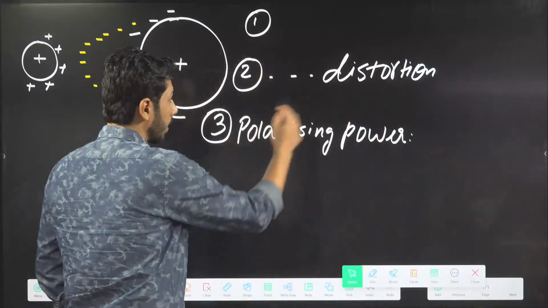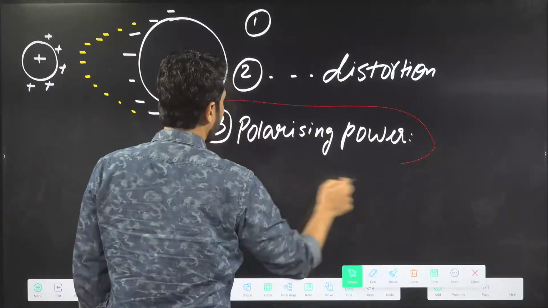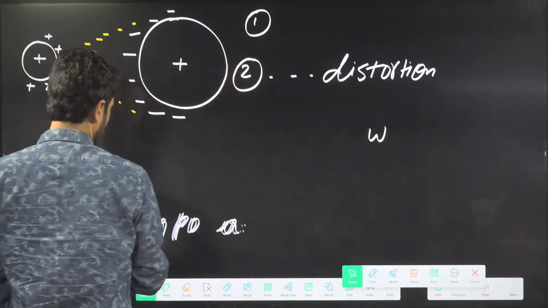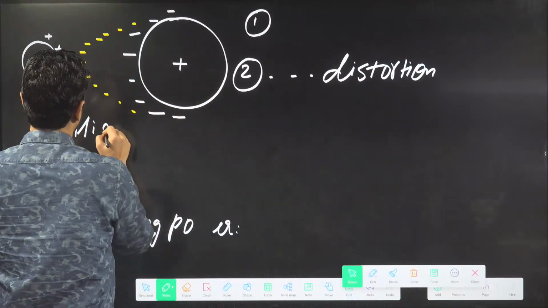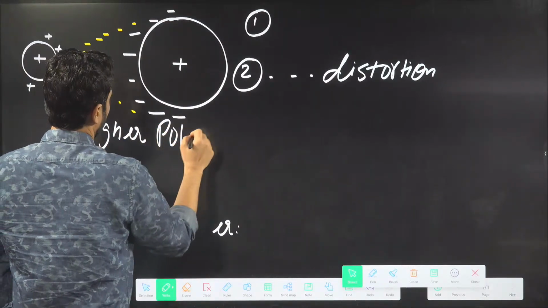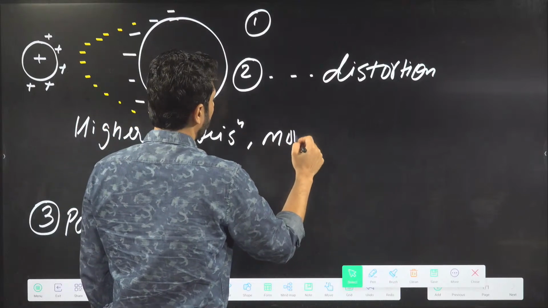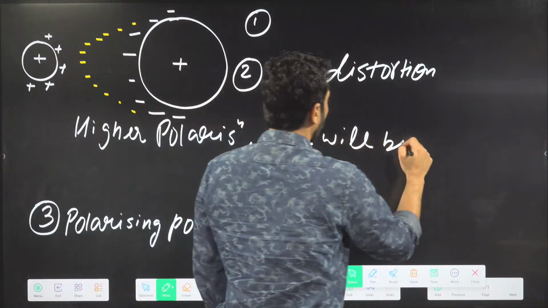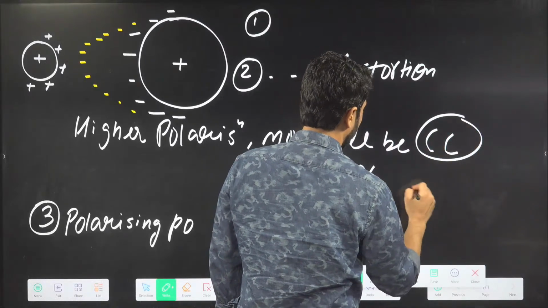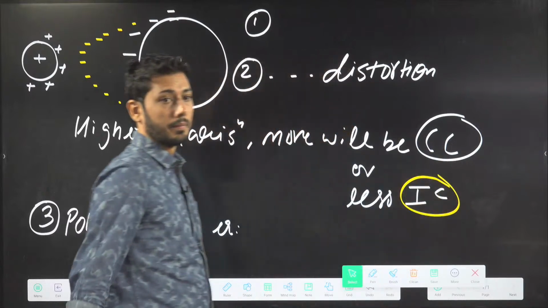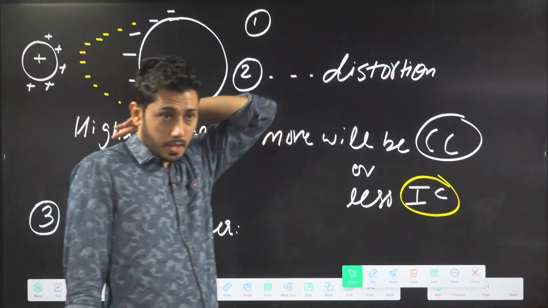Then mention in the second point itself: higher the polarization, more will be the covalent character, or less ionic character. Higher polarization, more covalent character or less ionic character.